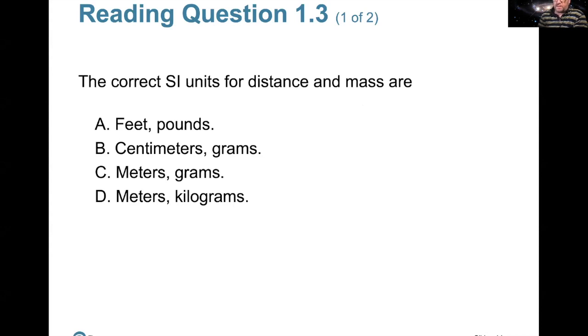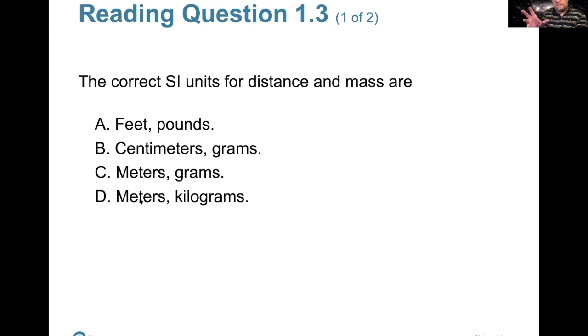Or D, meters and kilograms? So hopefully you've read the book by now and we know the answer for this. Well, the first one is in feet and pounds. That is an American unit, and it is not an SI unit. Centimeters and grams, those are the metric system, but the accepted answer is meters and kilograms, so 1,000 grams.